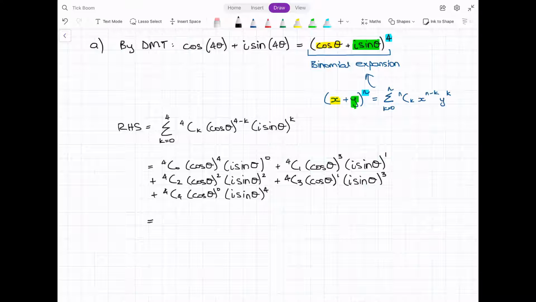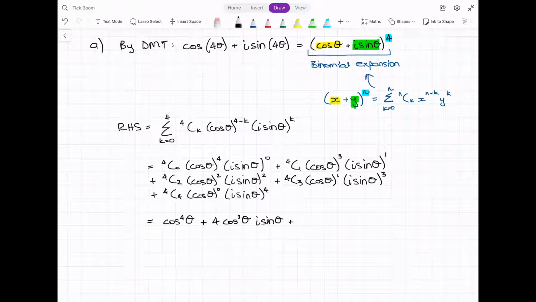4c0 gets us 1, so we'll get 1 times cos to the power of 4 theta, and the i sine theta to the power of 0 just gets us 1 again. And then we'll add to that 4c1, which is 4, and then cos cubed theta and i sine theta, because that's all to the power of 1.